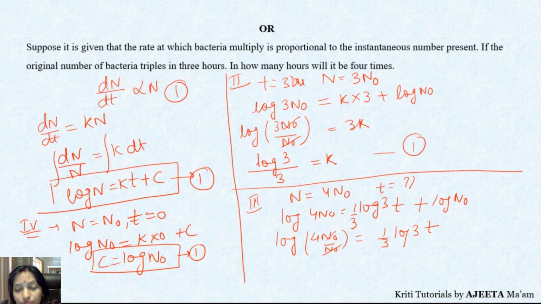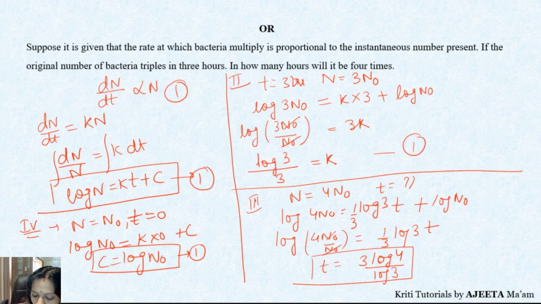See, no value is given here for log 4 and log 3. You have to leave the answer like that. So now let's take all the terms on one side except t. So t will become 3 log 4 whole upon log 3. So in these many hours, it will become 4 times. The value is not given, leave your answer like that only.